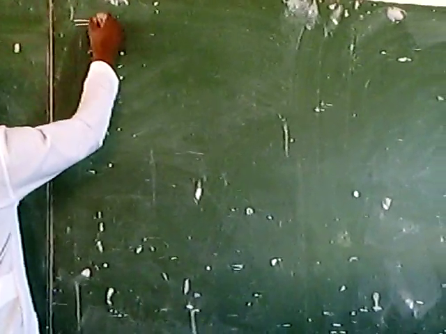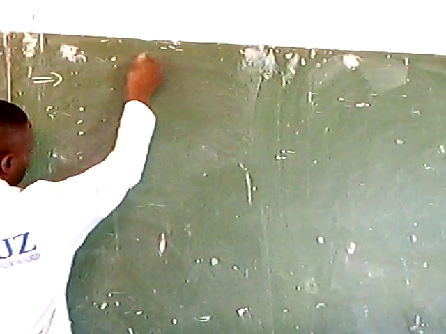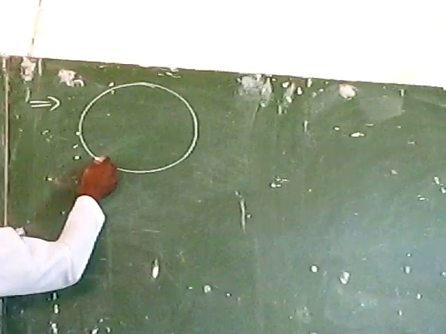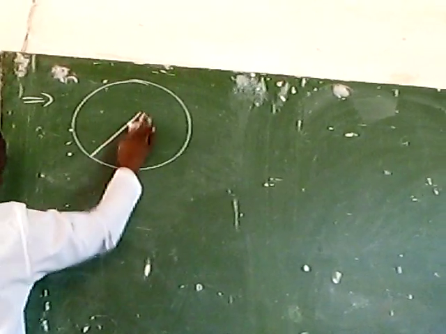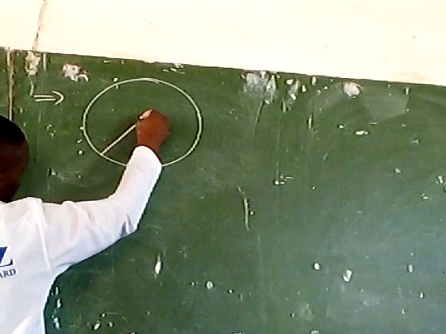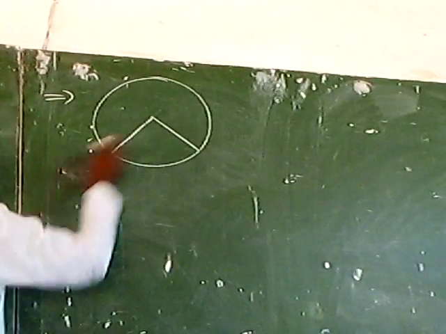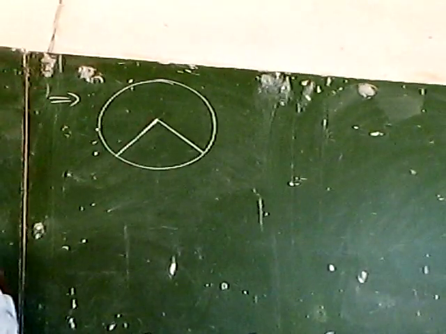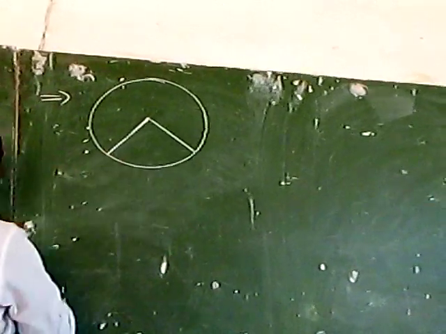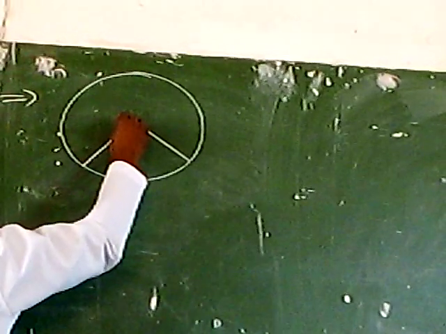Observe. Scenario number 2 on the same theorem, we're going to have this. Then this time around, we have got this. This is the sector. Observe. Now what happens here is this. Let's talk about this angle here.